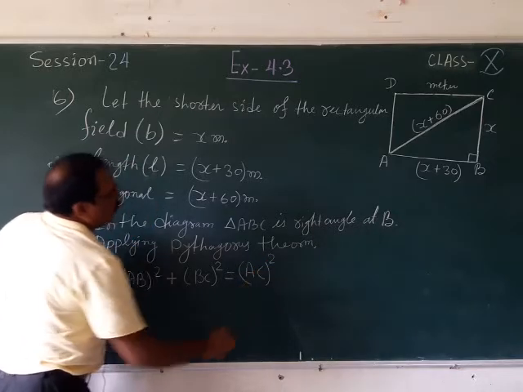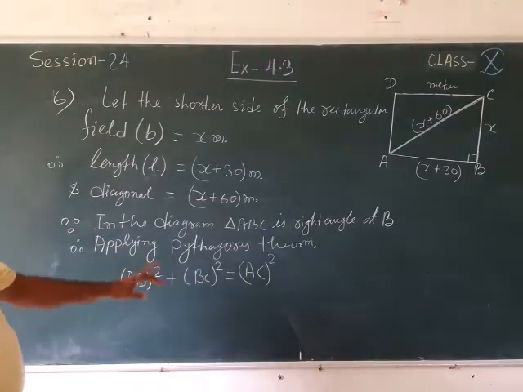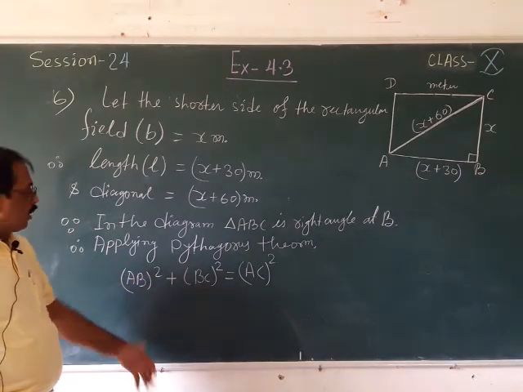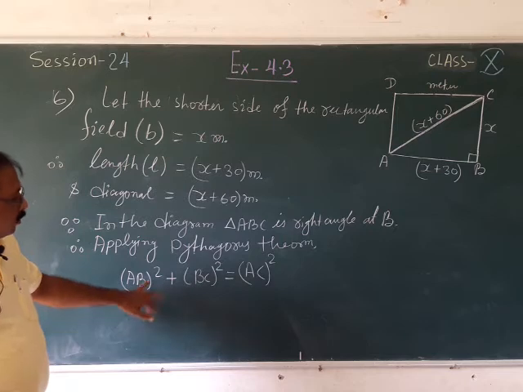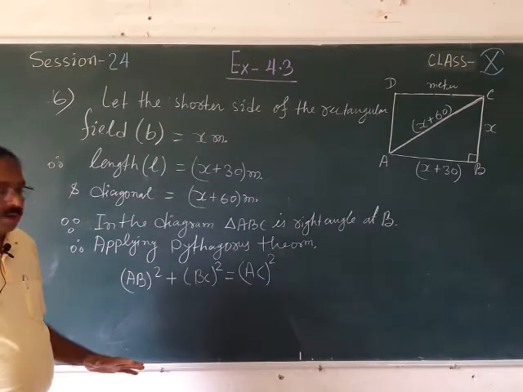That means P square plus B square equals H square, or B square plus P square equals H square. So this is the Pythagoras theorem.